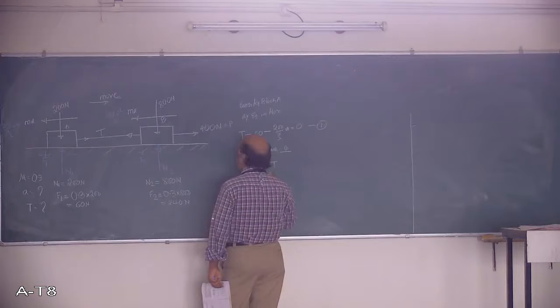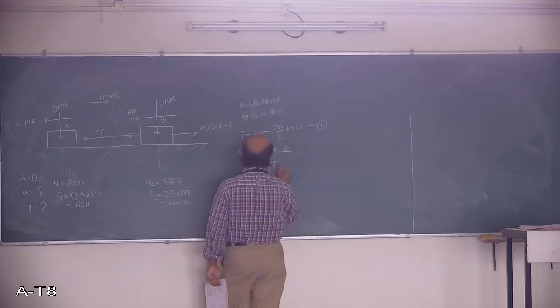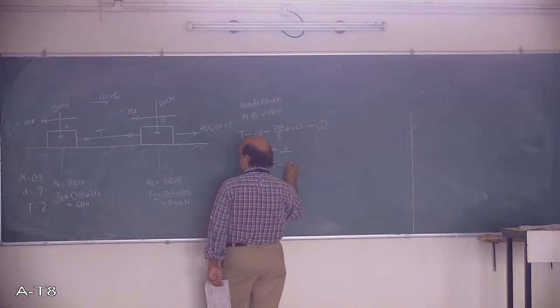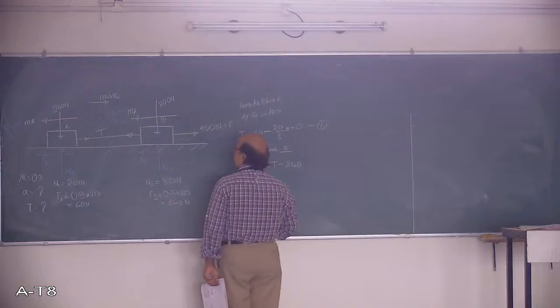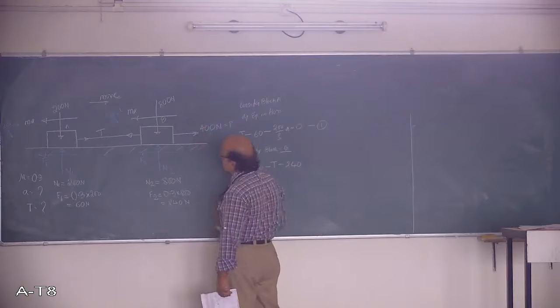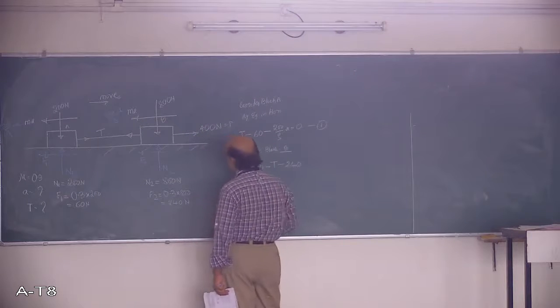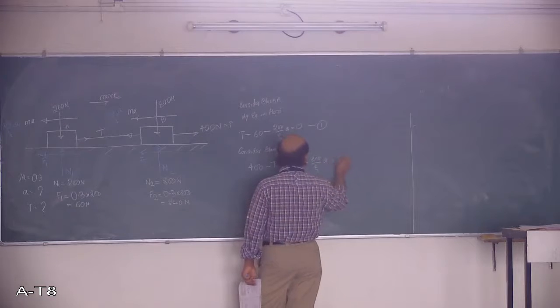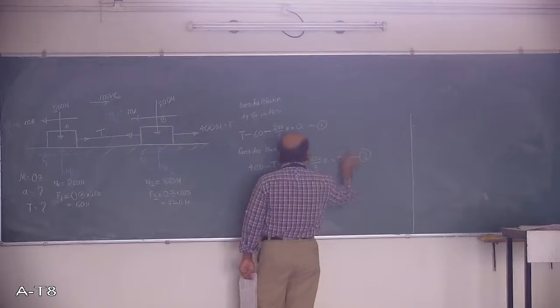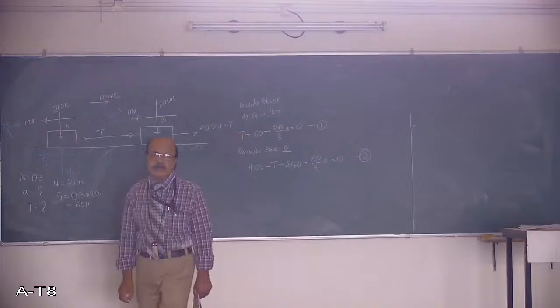And minus T. And F2 is also acting in this direction, minus F2, which is 240 Newton. And the inertia force 800 by G into A is also acting opposite to that, minus 800 upon G into A, is equal to 0. This is the second equation you will get.